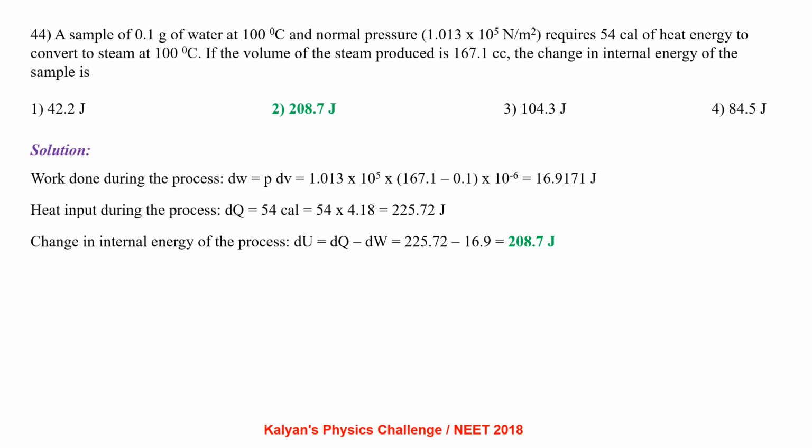So 54 into 4.18, which comes out to be 225.72 joule. Now the change in internal energy of the process, applying first law of thermodynamics, dU equal to dq minus dW, that is 225.72 minus 16.9, which is 208.7 joule.